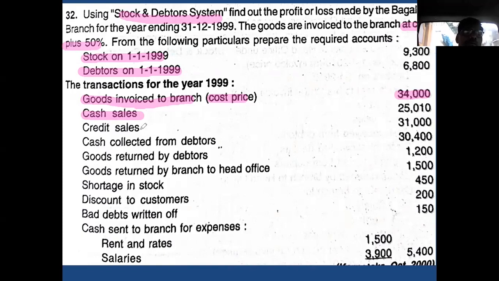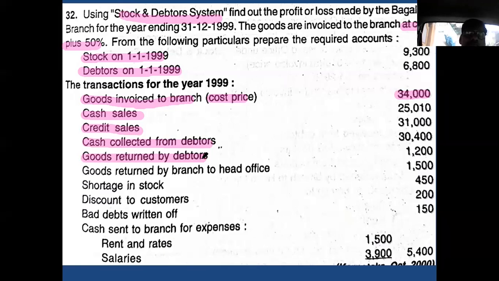Where will you write? Branch stock account credit side. Then credit sale. Yes, credit sale. Branch stock account credit side. Then debtors account debit side. Cash collection. Debtors account credit side. Goods returned by debtors.